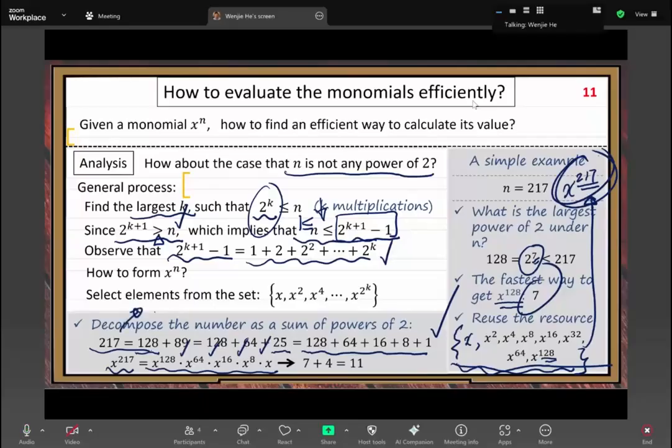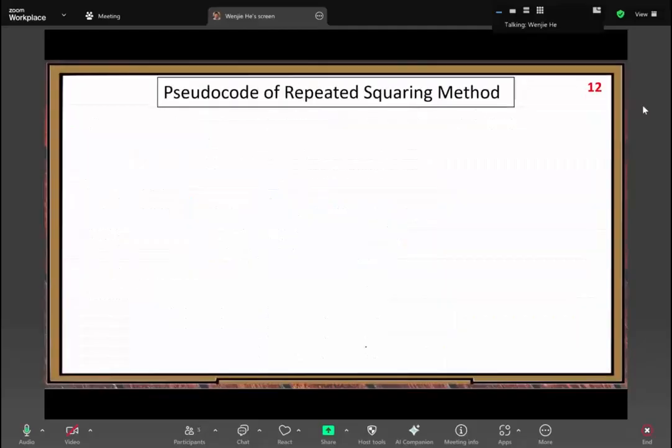Actually, it's the binary representation. Corresponding to your binary representation, 1, 0, 1, 0, 0: if you see 1, you need to select the corresponding power of 2. If 0, you skip it. So the binary representation will tell you the decomposition information.